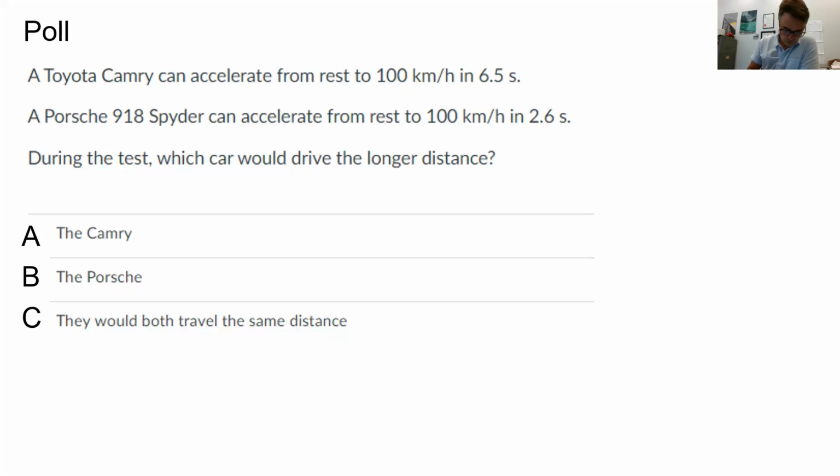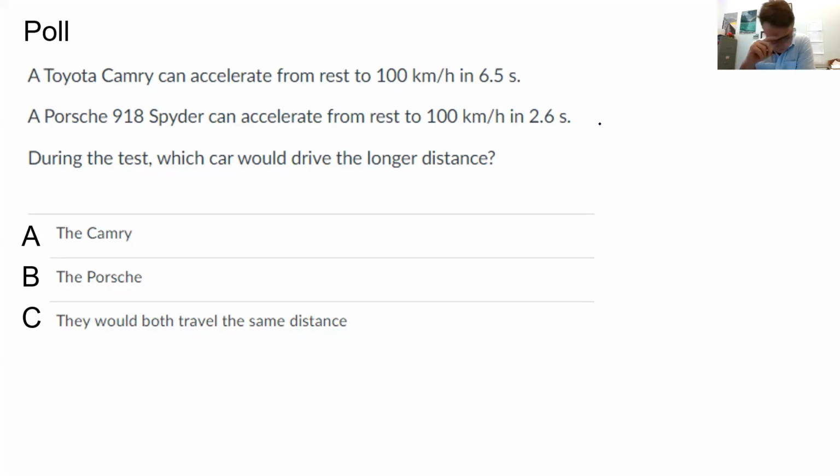Three, two, and it's got 93% have voted, so let's see what people are saying. A lot of people are actually voting for the slower car, the Camry. So 56% of you.